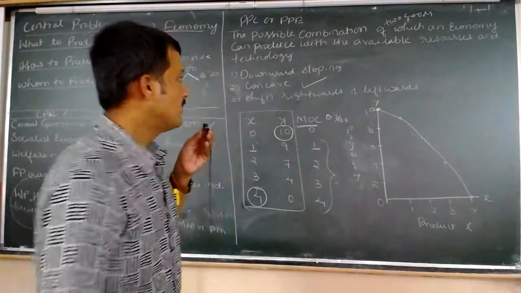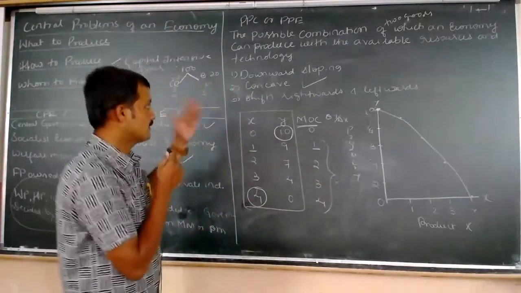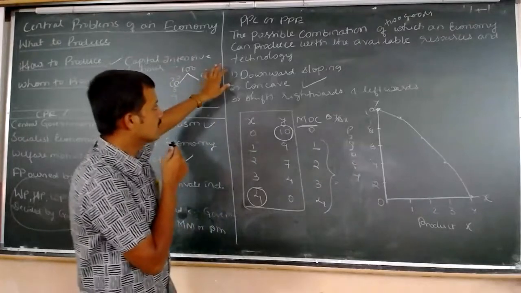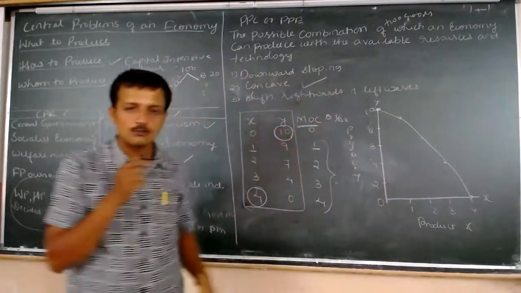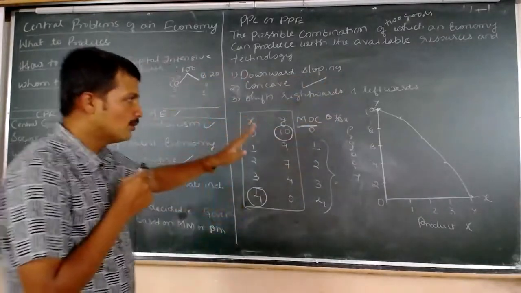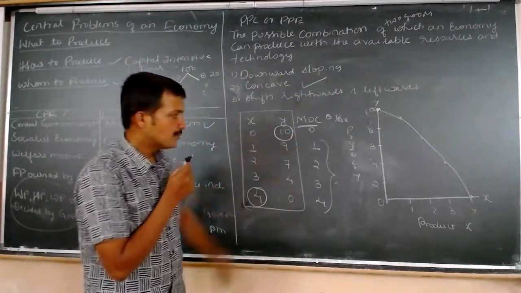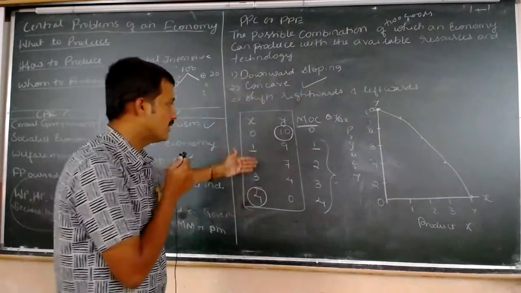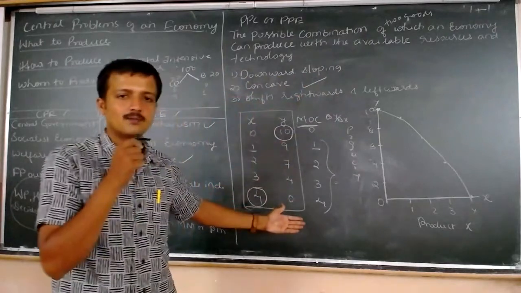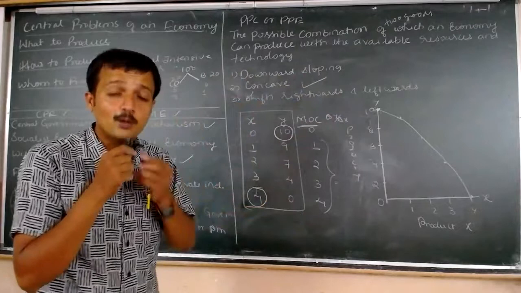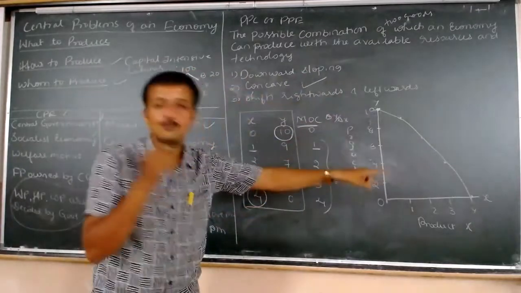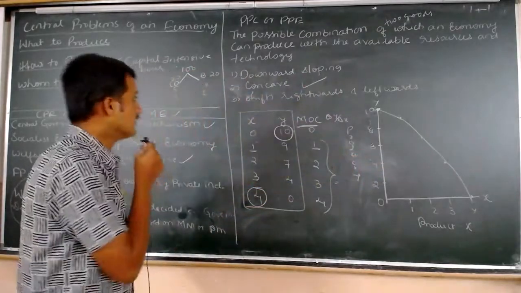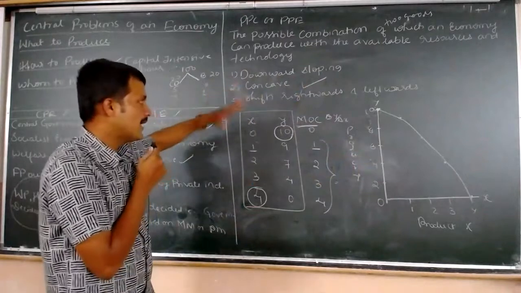Okay, so the PPC has 3 features. The first one is that it is downward sloping. Why is it downward sloping? Because an increase in the production of one unit will lead to a decrease in the production of the other unit. Because of that, it is downward sloping. The next is that it is concave. I have already explained.